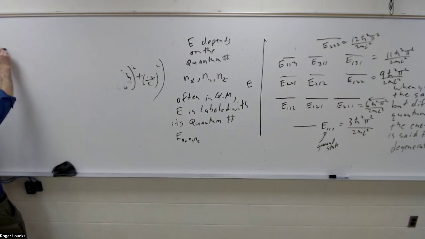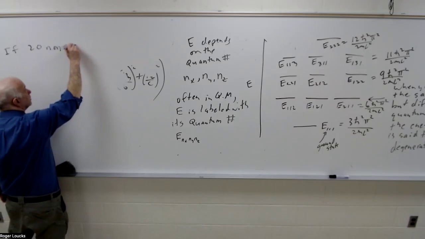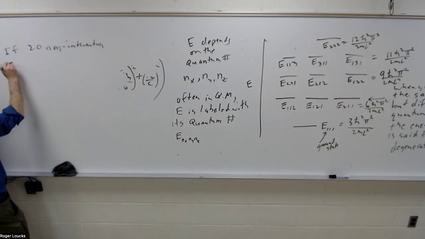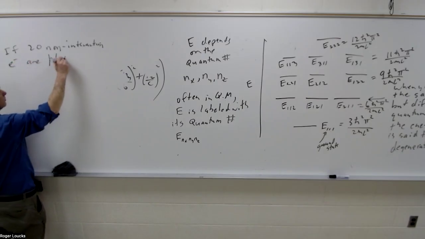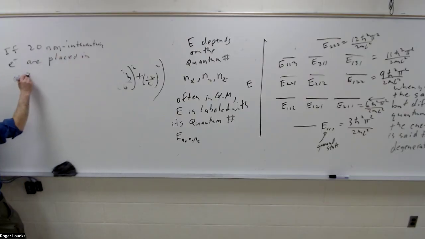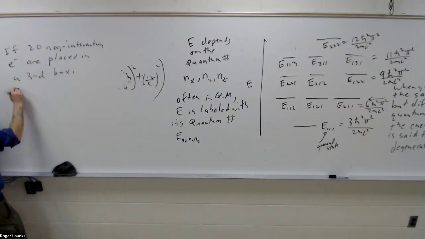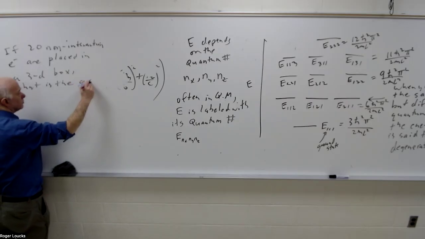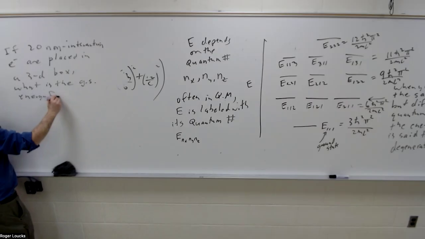So if 20 non-interacting electrons are placed in a 3D box, what is the energy for the system?